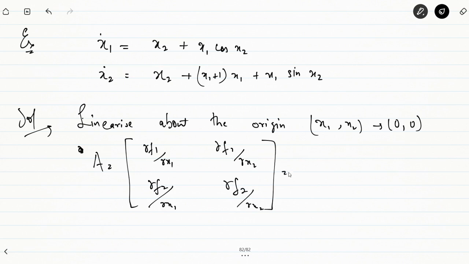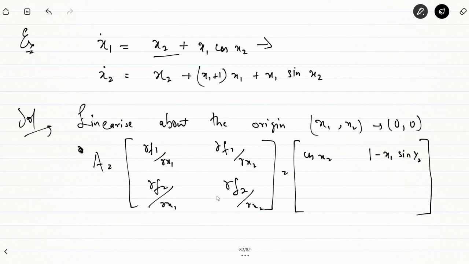So delta f1 divided by delta x1, that means differentiating this with respect to x1, so this becomes 0, this becomes cos of x2, where cos of x2 will be a constant in this case. Delta f1 divided by delta x2, x1 times the differentiation of cos, is minus sine x2.